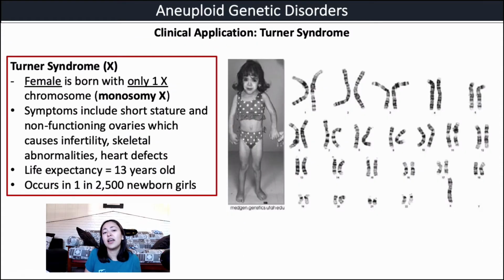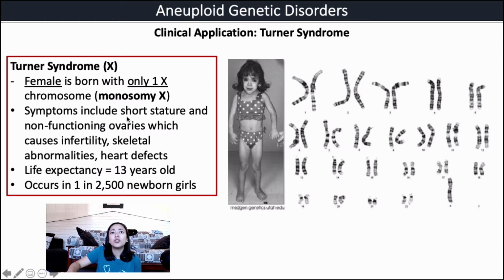The last condition that I want to introduce to you is called Turner syndrome. Turner syndrome is a monosomy condition because these females are born with only 1 X chromosome. So they are missing that second X chromosome. There are a lot of symptoms associated with only having 1 X chromosome because you have half the genetic information than what you typically would have.